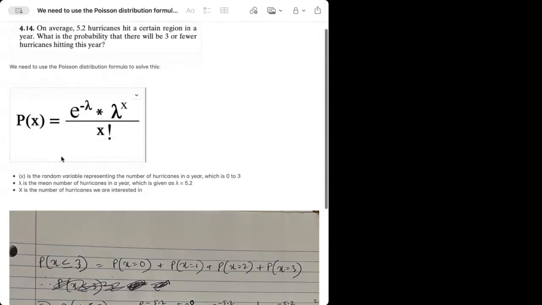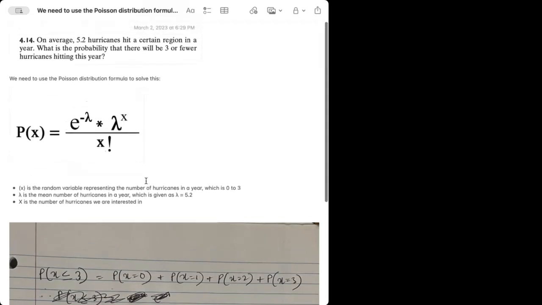Yes, because we have the 3 things that we need. We have the random variable, and we have the mean, and the x is the number of hurricanes we're interested in. So when we have these 3 items, we can use the Poisson distribution formula to solve a problem. In this instance, the small x is the random variable, and it says 3 or fewer hurricanes hitting this year, so we need to include 3 and everything below 3 as well.